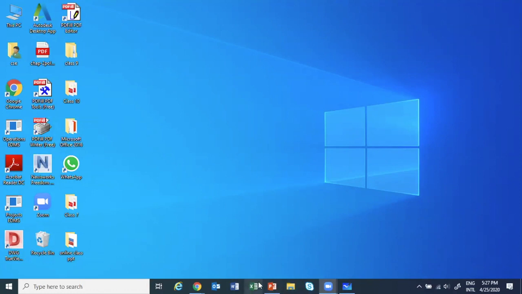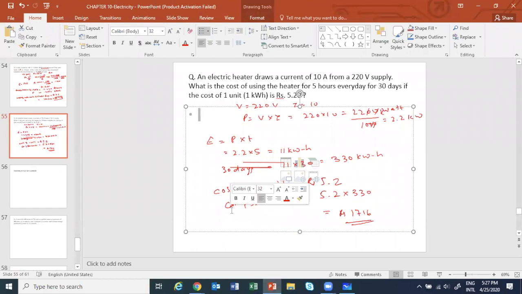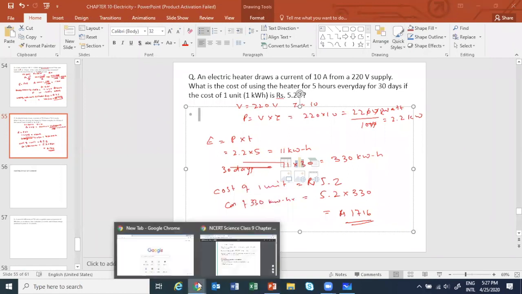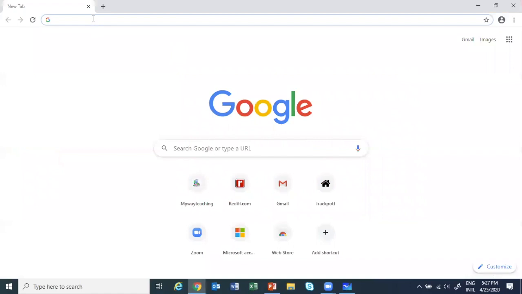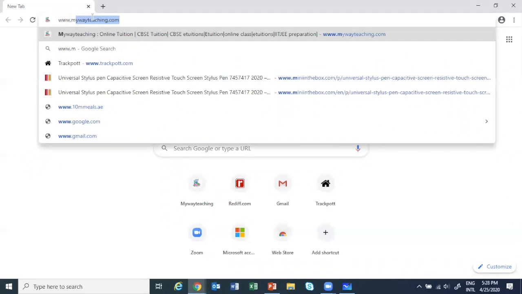Okay, no doubt. Now there is only a small topic balance, that is the heating effect of current, and that we will take in the next class, and then your chapter is over. This week you can go through the NCERT book and try to solve the NCERT question answers.